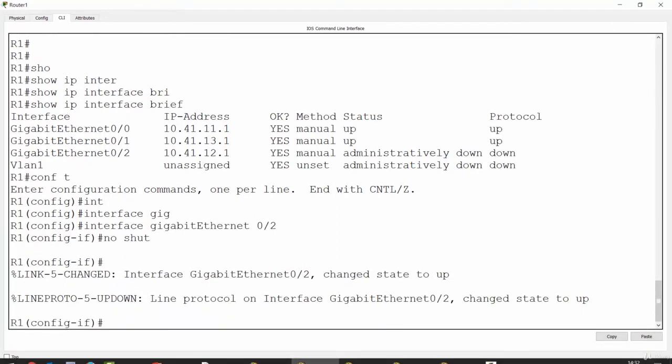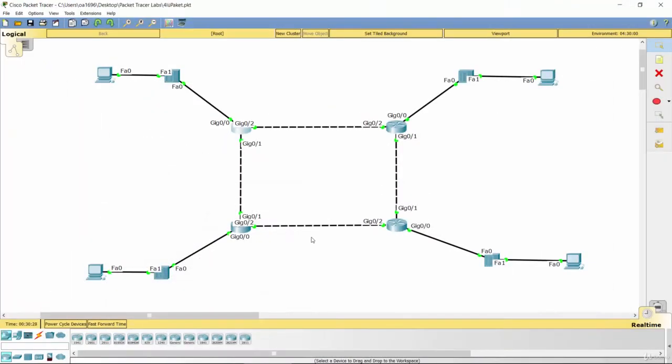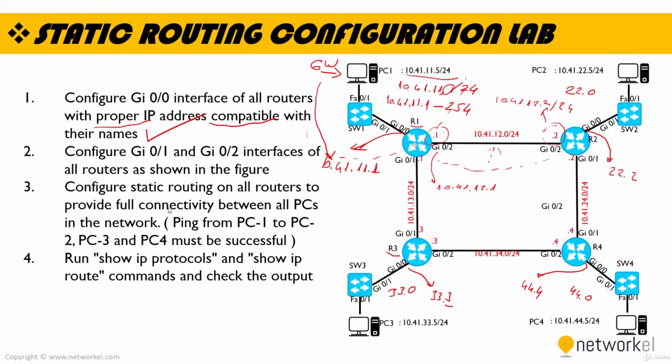And as you can see, line protocol on the interface Gig0/2 changed state to up, which means the physical problem is not with us anymore and everywhere is green. And that means we have completed the second step too.